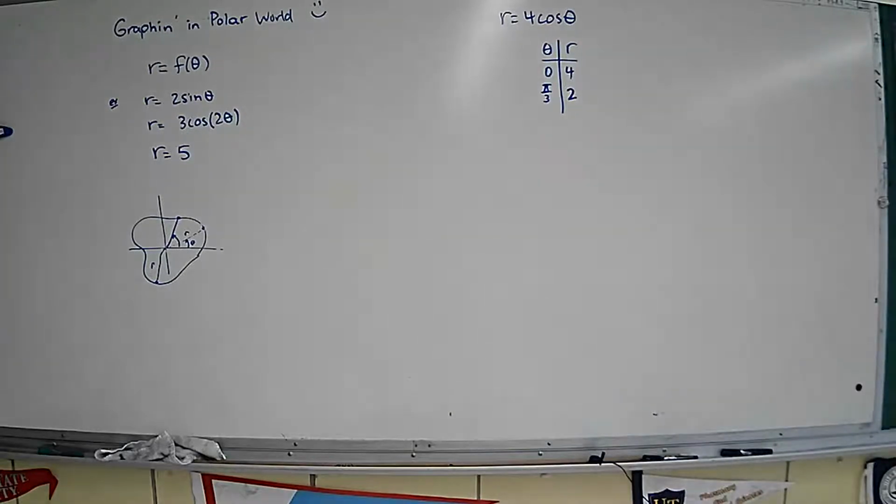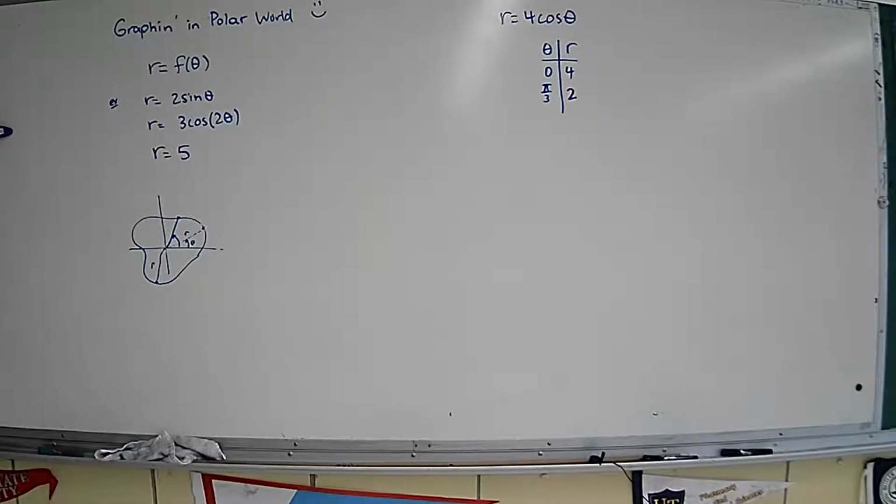Okay, now let's look at this. Let's do the analysis here. Pi over 3 is right here, right? Right here was theta equals 0. As I increase theta, what happened to r between here and there? That right there is the point 2 comma pi over 3, right?